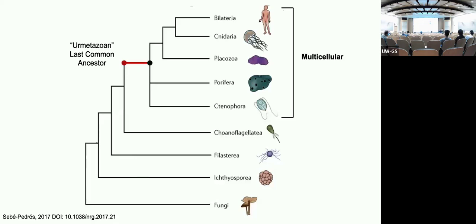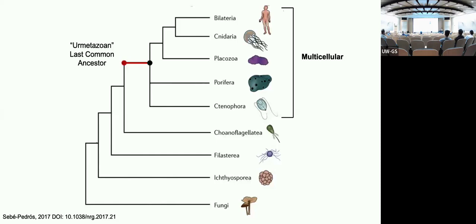One thing that we do as developmental biologists, especially those interested in the evolutionary origins, is understand the context of how all of these creatures are related. What I'm showing you here on the screen is a kind of graph called a phylogenetic tree, which gives us an understanding of the evolutionary relationships of different organisms. Up here in this bracket are all of the multicellular animals that exist, the major phyla.